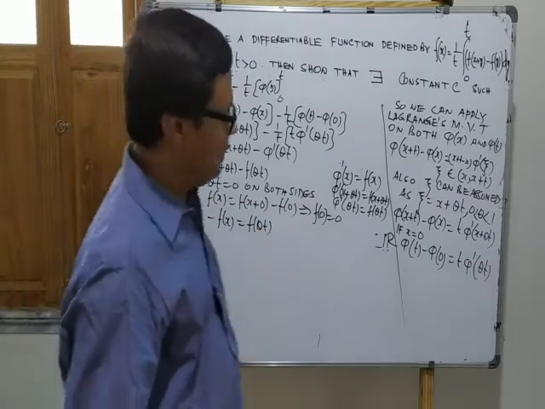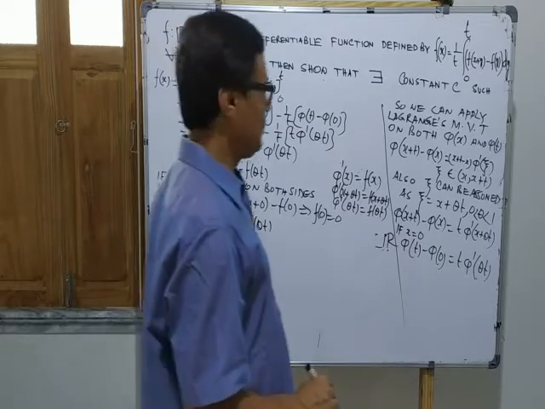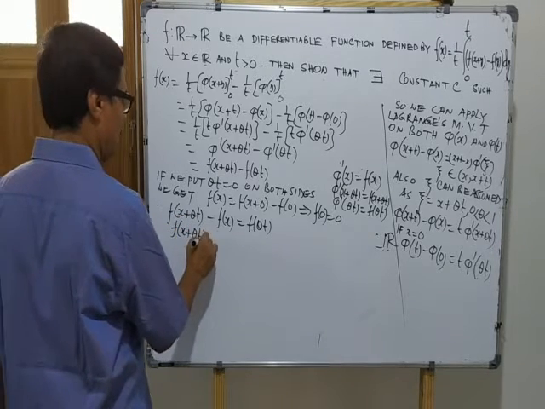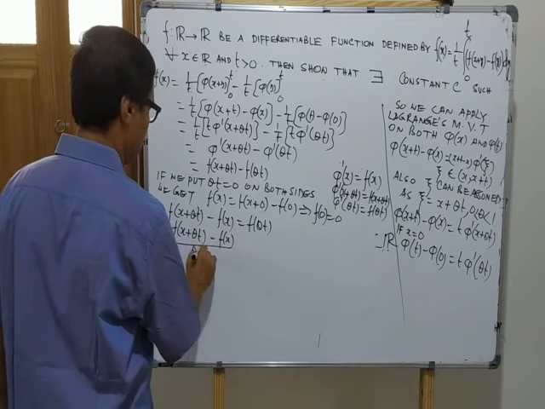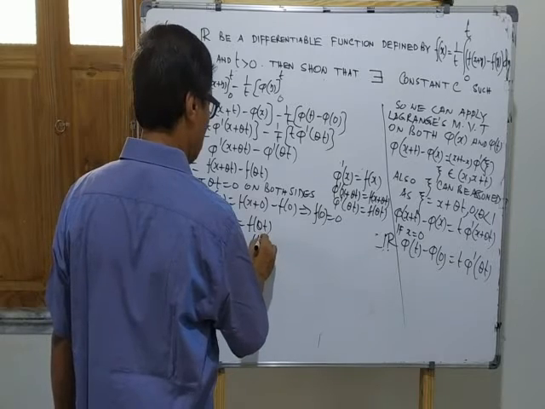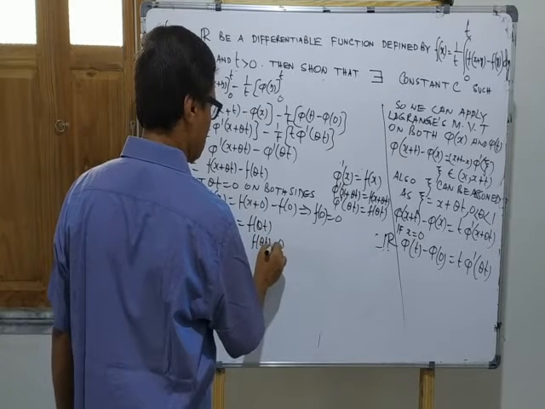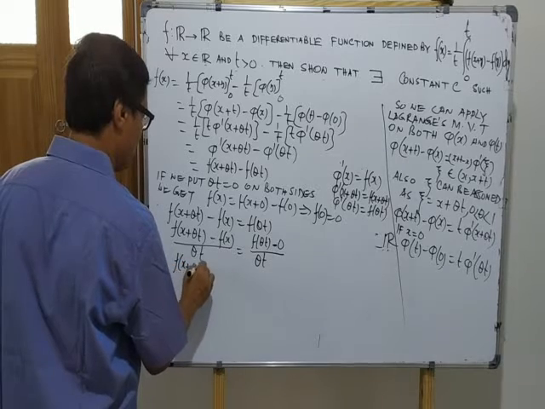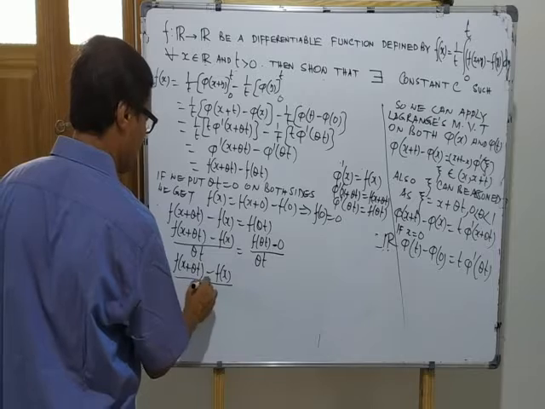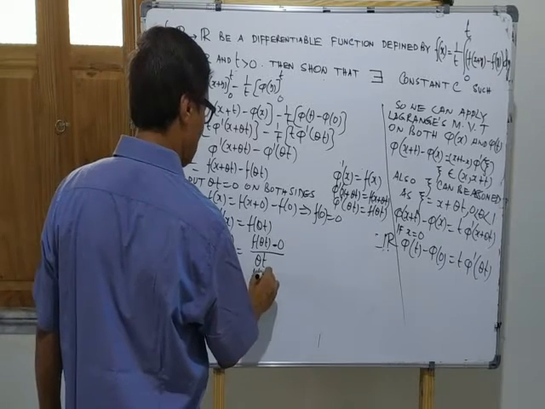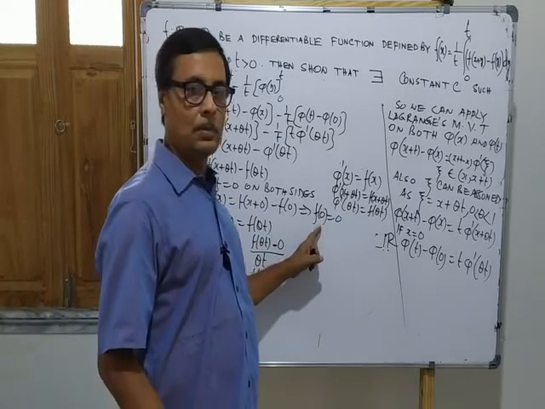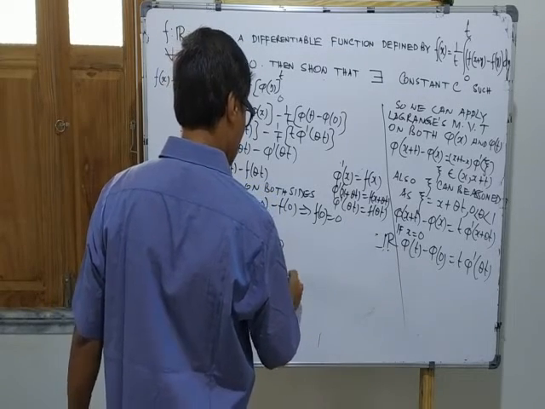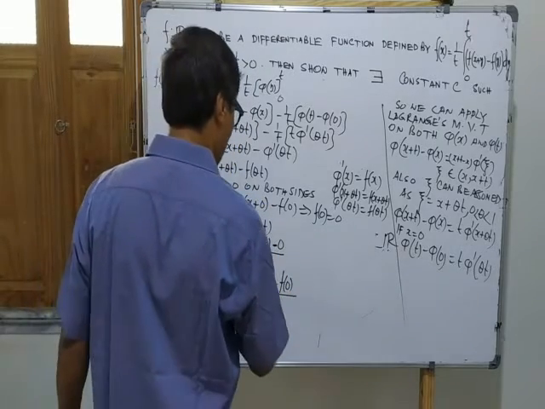If we divide on both sides by theta t, we get f of x plus theta t minus f x over theta t equal to f of theta t minus 0 over theta t, equal to f of theta t minus f of 0 over theta t. The value of f of 0 is 0, so we can put 0 as f of 0.